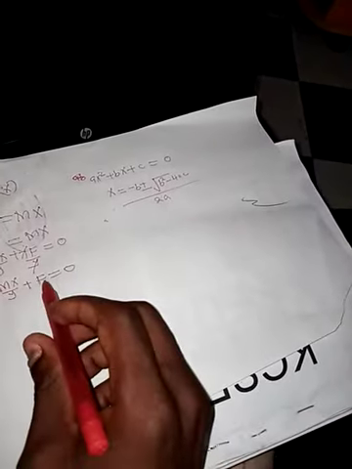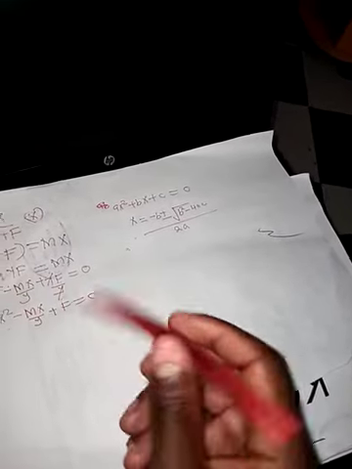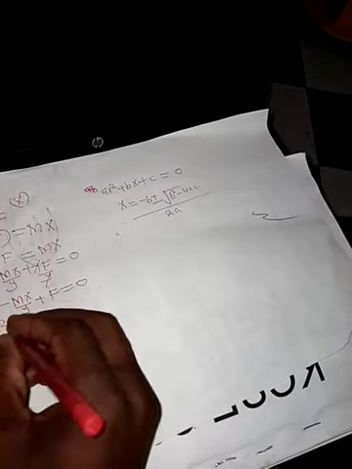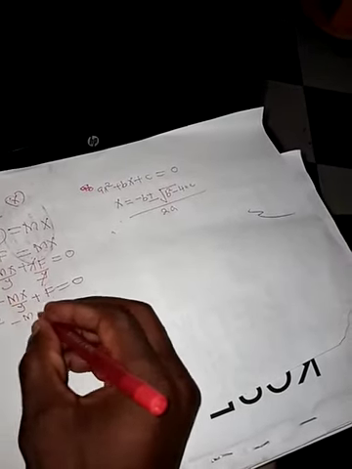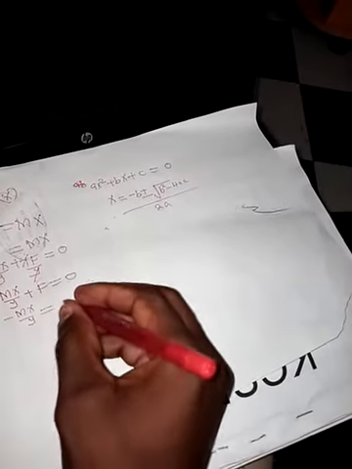Now in completing the square, we bring the constant, this constant, this side. We'll have x squared minus mx over y is equal to negative f.